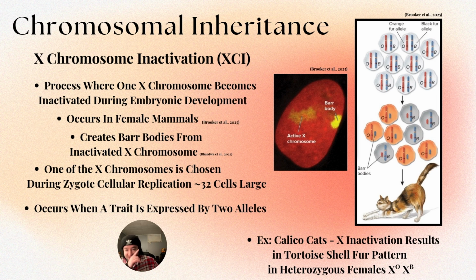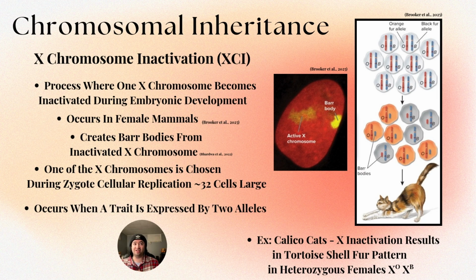So, this is depicted in this image on the right, where let's say half the cells will express orange fur coat color because the black fur will be condensed on one of the X chromosomes, and then the opposite will happen on the other cell.